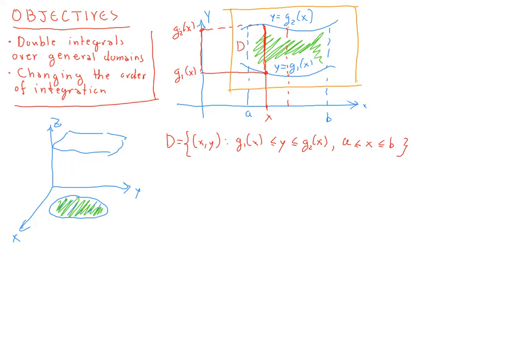The idea is that the new function is going to be 0 outside the domain, meaning if you were to try to visualize the graph of such a function, then you would have the portion up here, and then the rest of the graph would be down here because your function is 0 outside the domain.